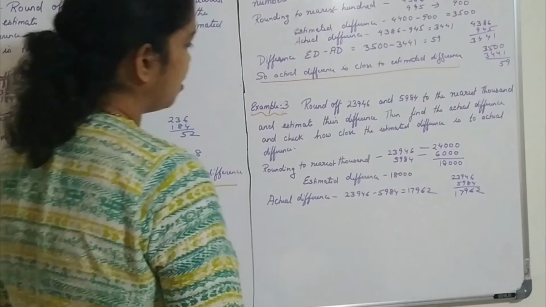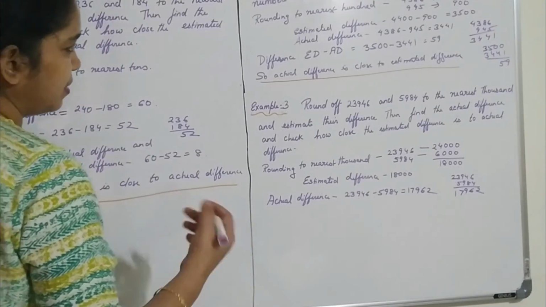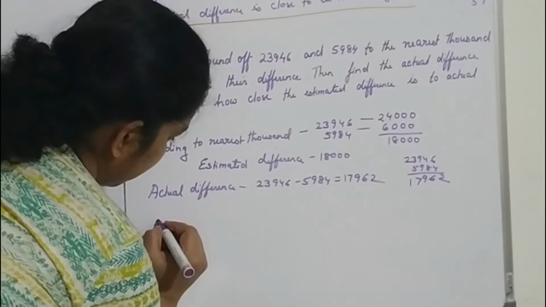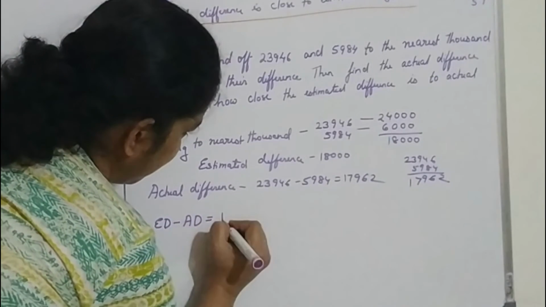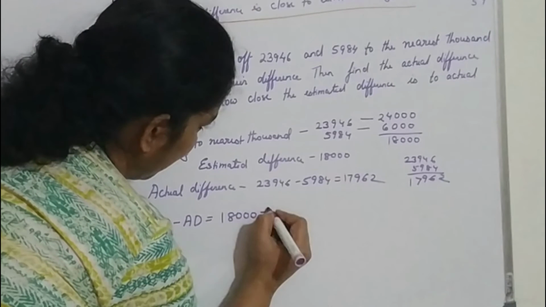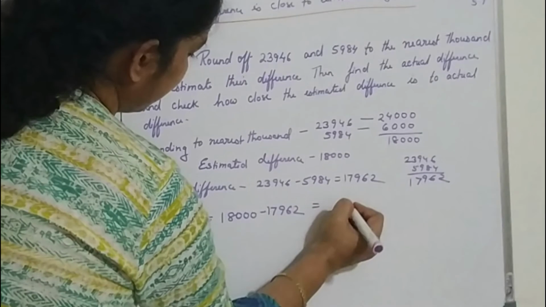The difference between the estimated difference and the actual difference is 18000 minus 17962.